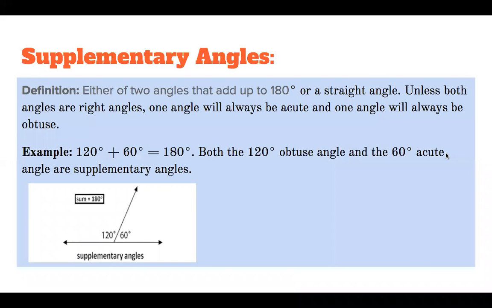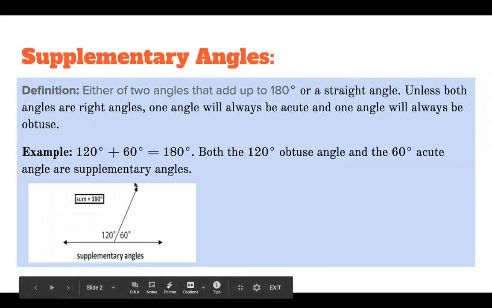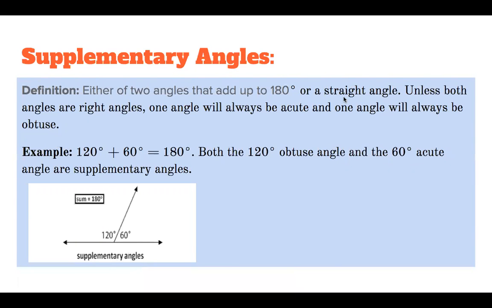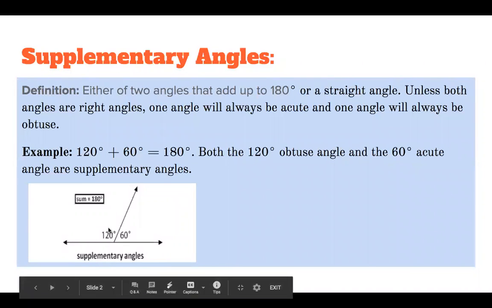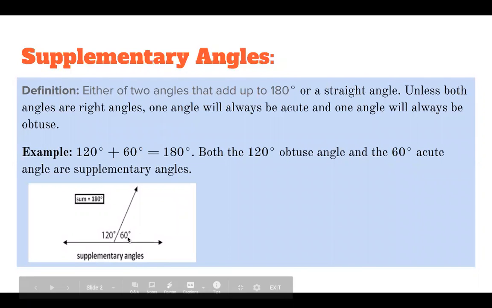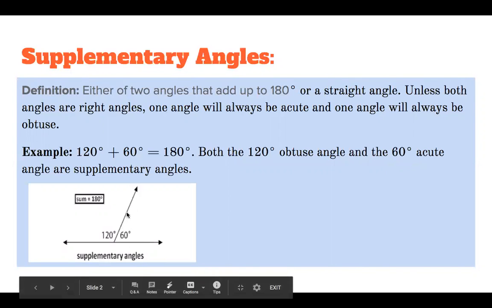So the definition of a supplementary angle is when two angles add up together to equal 180 degrees or a straight line. Both angles here, you'll notice that one angle will always be acute, small, and the other one will always be obtuse, a bigger angle, unless both angles are right angles.